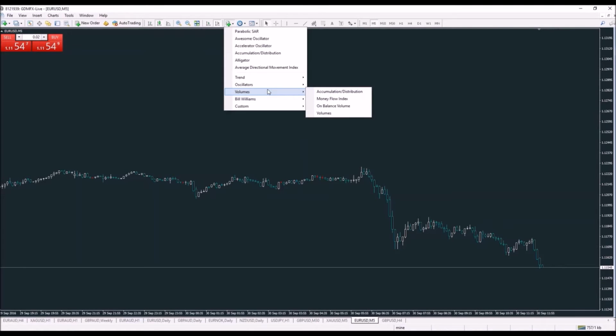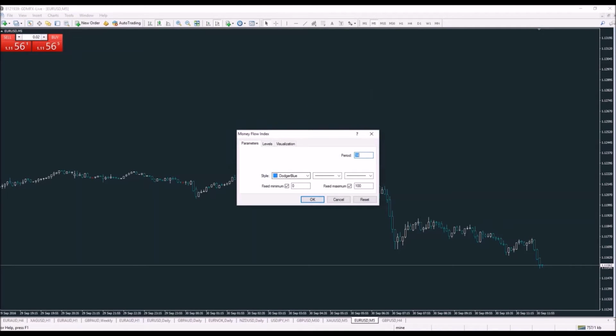So the function button on the top can bring you down to all of the oscillators and instruments that you can use on the MetaTrader, but you have to scroll down to volumes and you can find not many that are based on volume. This is the Money Flow Index, or for short, MFI index.